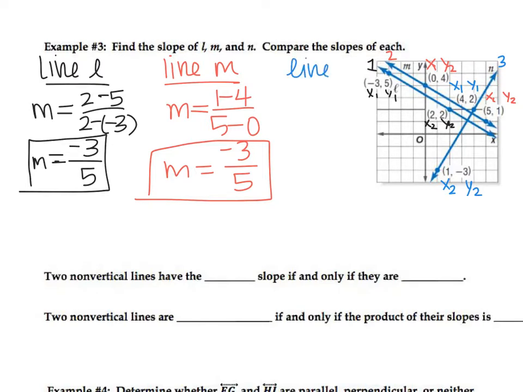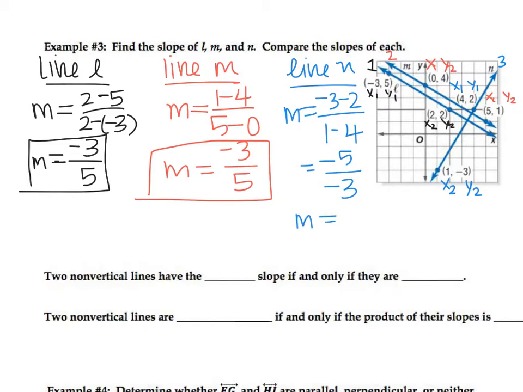So for line N, its slope is going to be -3 minus 2 over 1 minus 4. -3 minus 2 is -5. 1 minus 4 is -3. Now, while 5 over 3 doesn't simplify, because I have negatives in the numerator and denominator, I can actually cancel those out. So we're going to get a slope of 5/3.